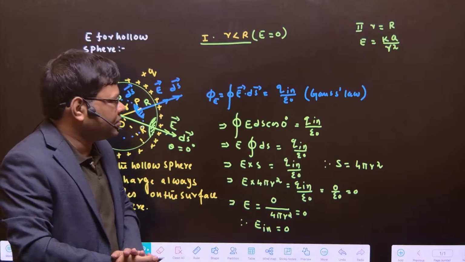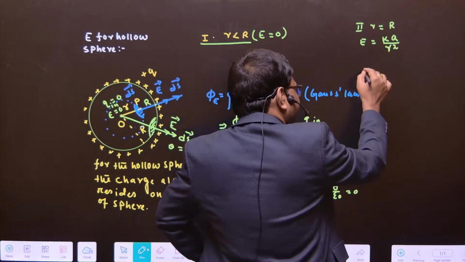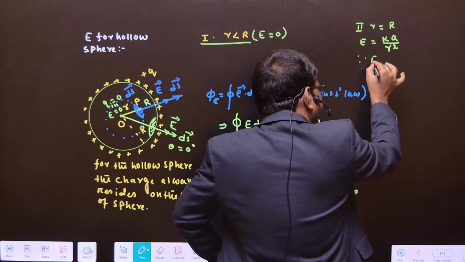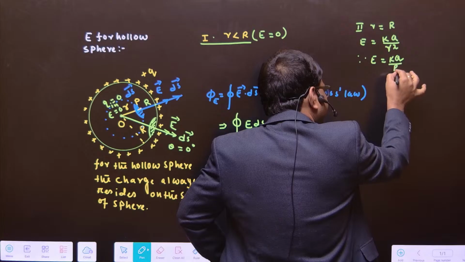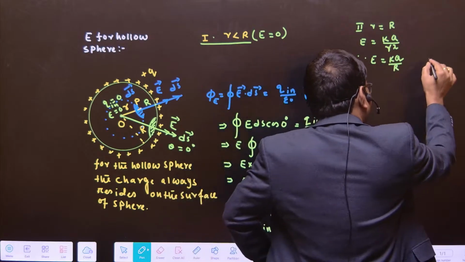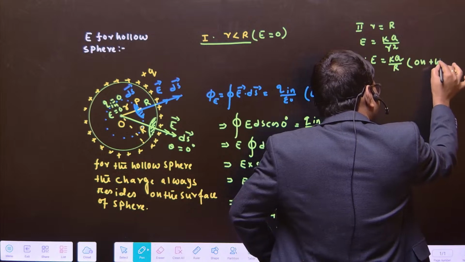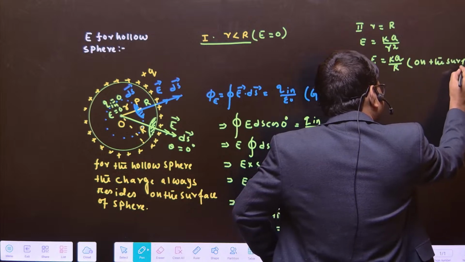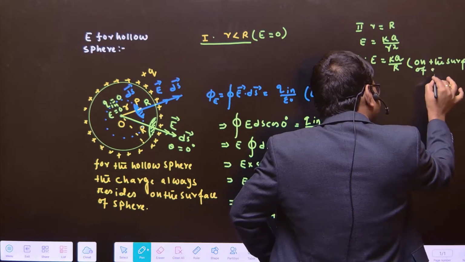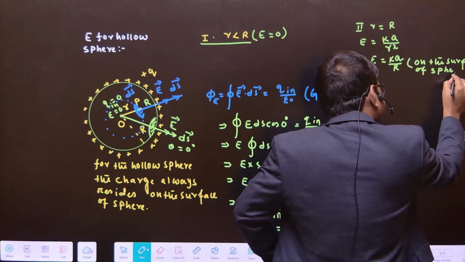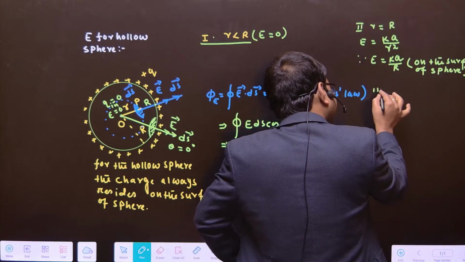We will get, on the surface of the sphere, r is equal to R, E is equal to KQ divided by R square. This is the electric field on the surface of the hollow sphere. Clear?